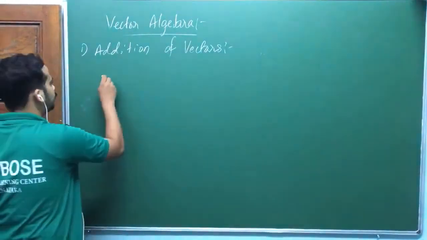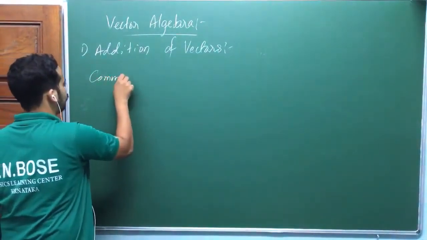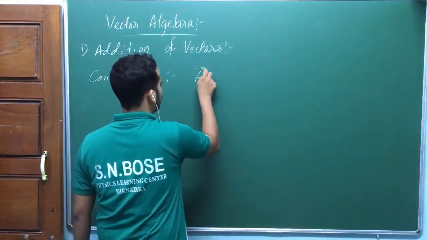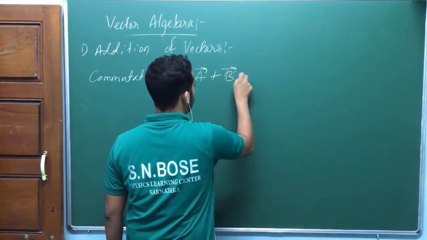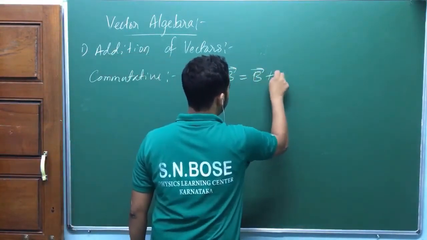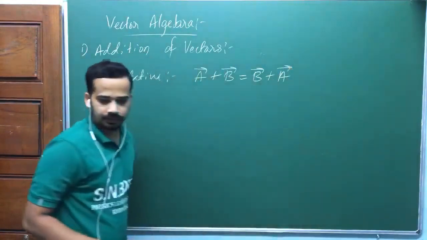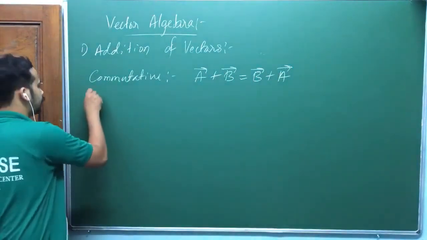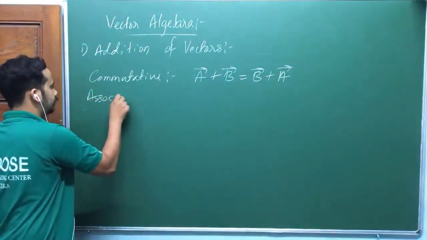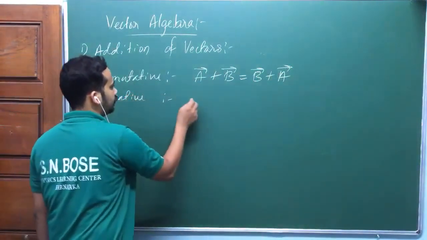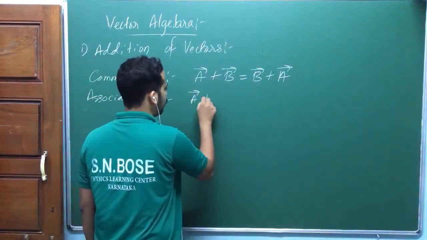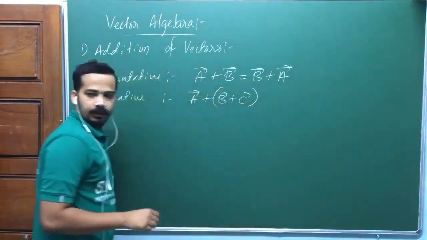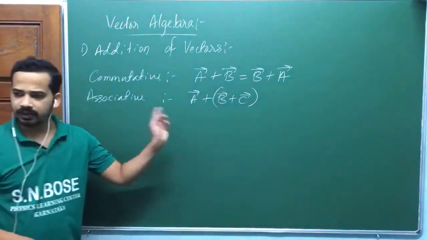Addition of a vector is commutative. Vector A plus vector B is equal to vector B plus vector A. Is that okay? Addition of a vector is commutative, and it is associative also. Vector A plus vector B plus C: the order of addition doesn't matter, isn't it?